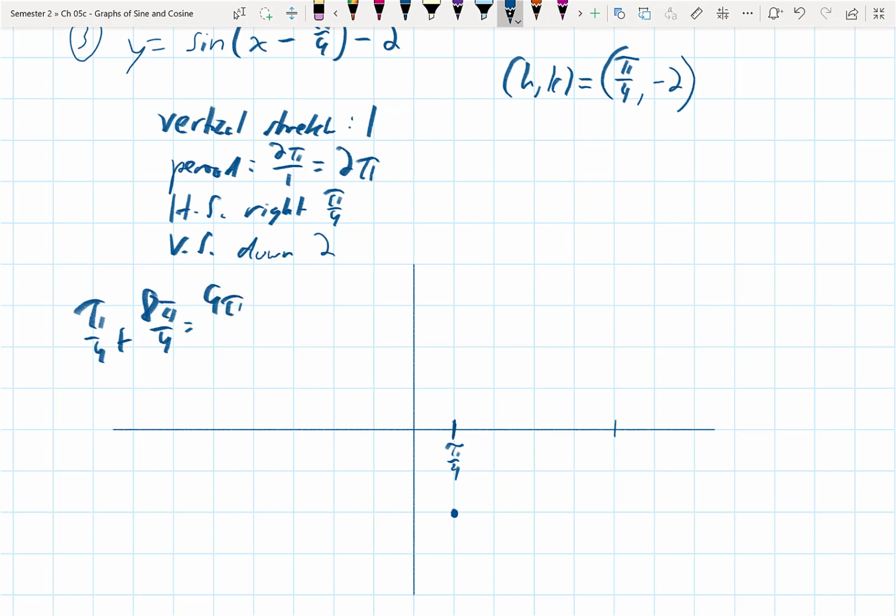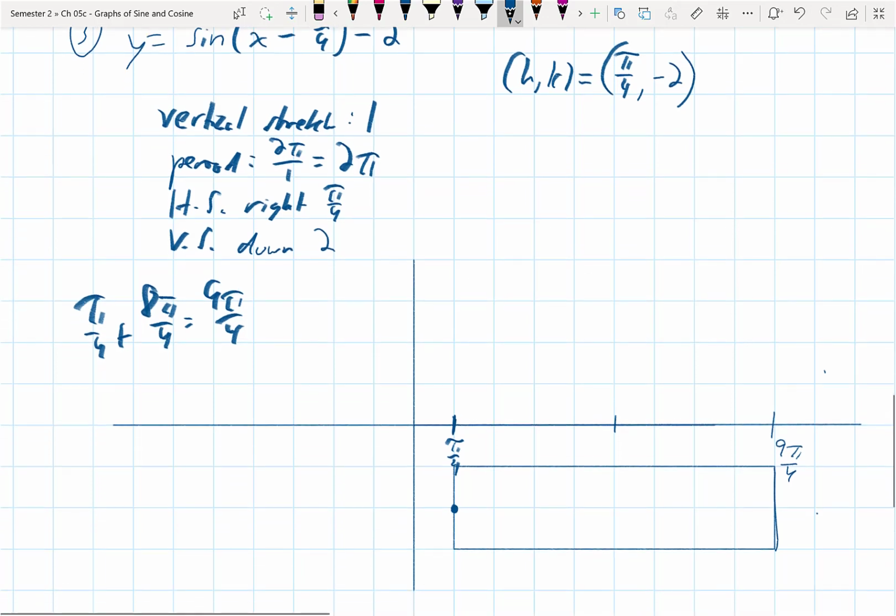I need to go 9 pi over 4. So I actually need to go 8 to the right, because if every box is a pi over 4, I need to make this further. So we need to go all the way out so that my period reflects that. So if I extend this out just a little bit more, this is 9 pi over 4.